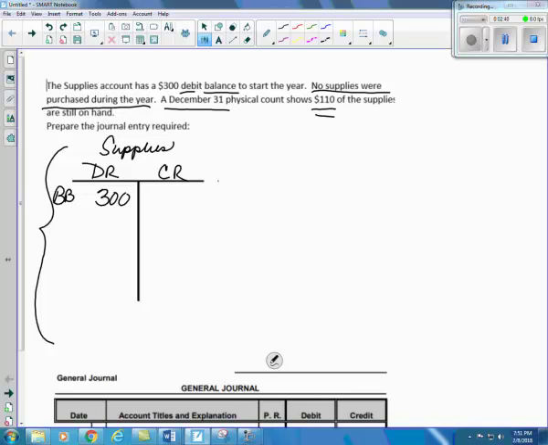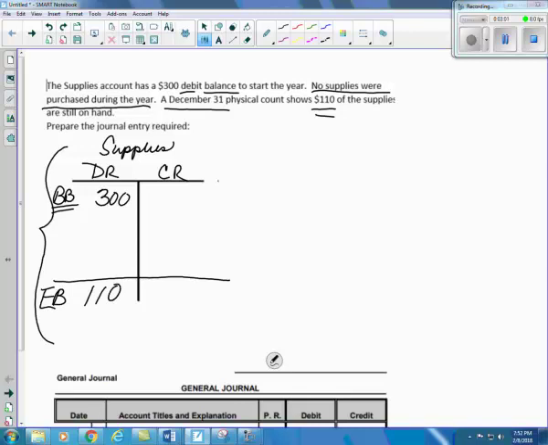So if we are using the T account, what we know is we have a beginning balance of $300 and an ending balance of $110.